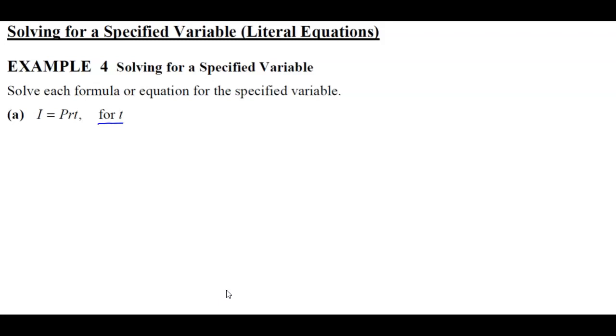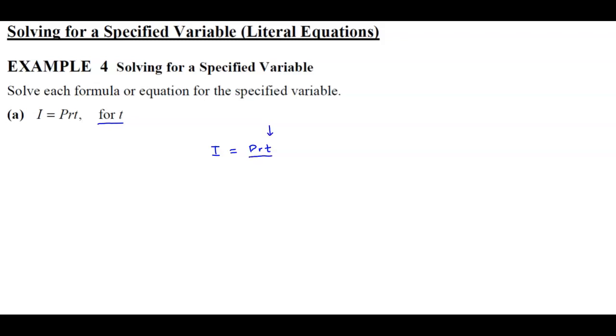So I'm going to rewrite this equation as I, which is equal to p times r times t. Okay, since we're solving for t, we see that it's being multiplied by p and r.